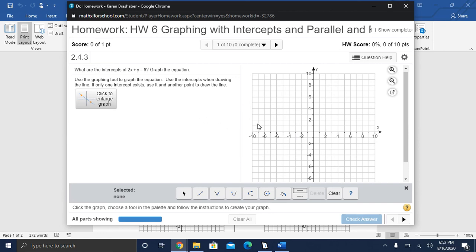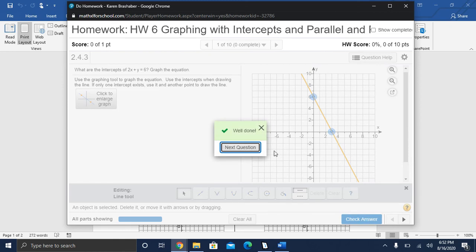So I deleted it all. It's no big deal. I just have to regraph. So I'm going to go back to my line tool. I'll select 3, 0, and then go to 0, 6, select that. I feel confident that I have it. I'm going to check my answer, and it says I got it right. Well done. Yippee. And I'm on to my next problem.